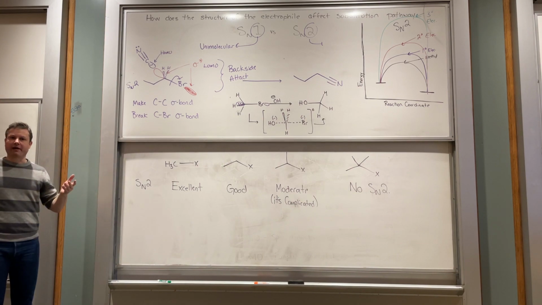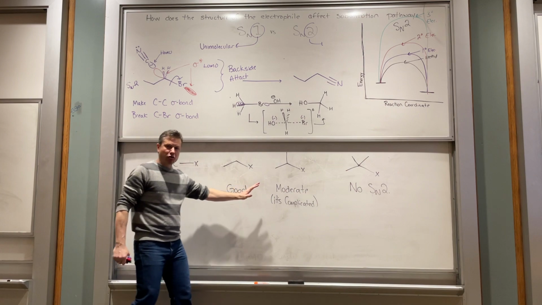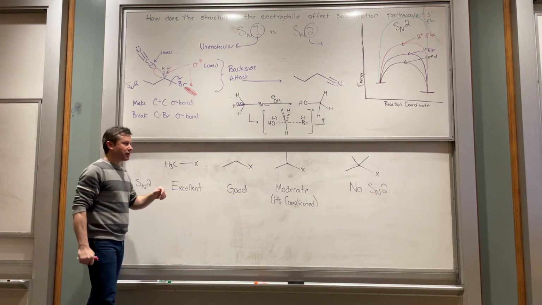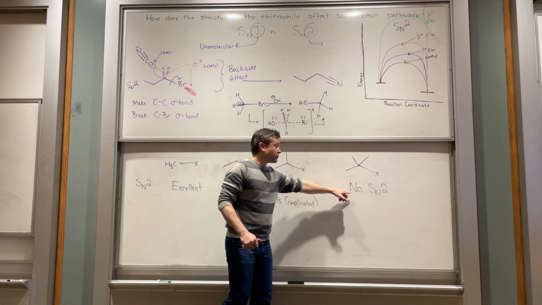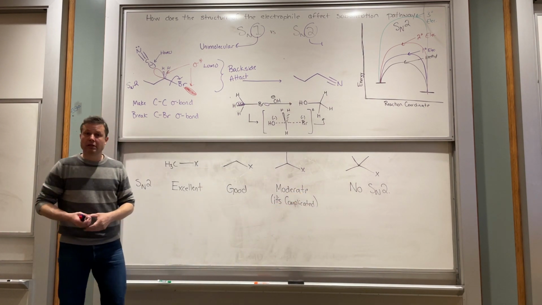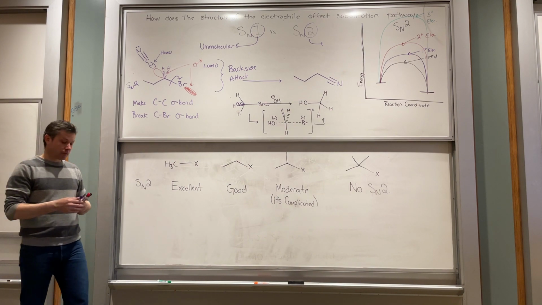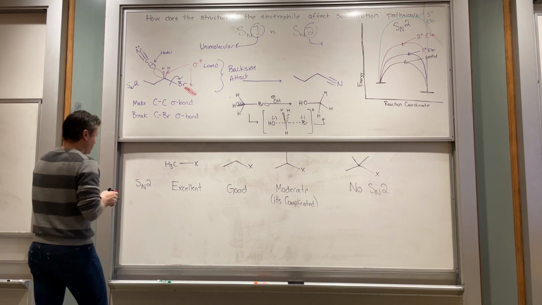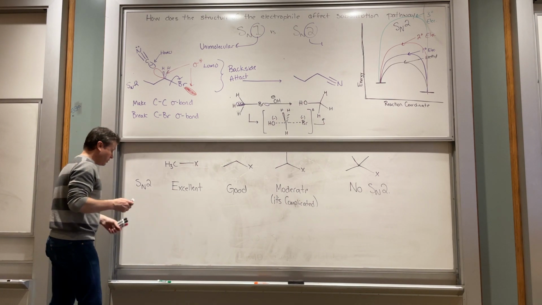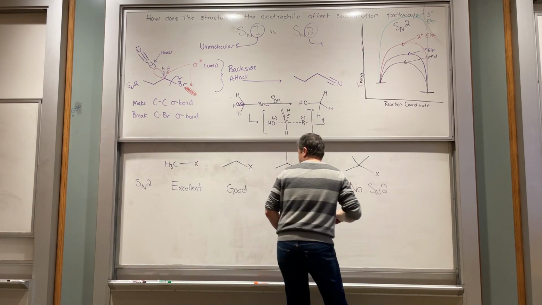Depends upon other factors in that structure, so that they can happen, moderate rate, but like I said, it depends upon other structural factors. And then once we get to tertiary electrophiles, SN2 reactions are not possible on most tertiary electrophiles. The trend for SN1 is going to be almost exactly opposite.